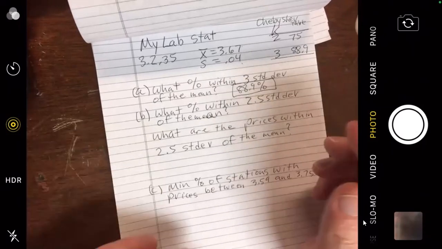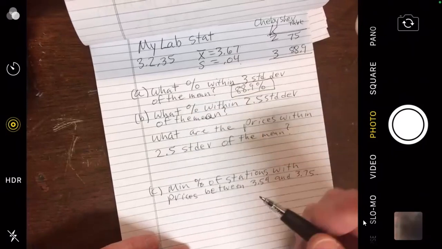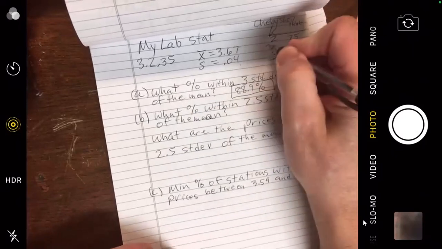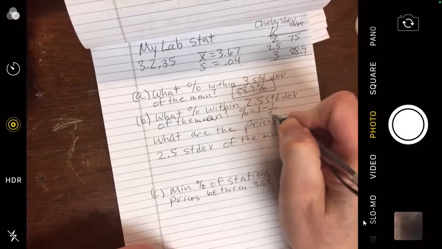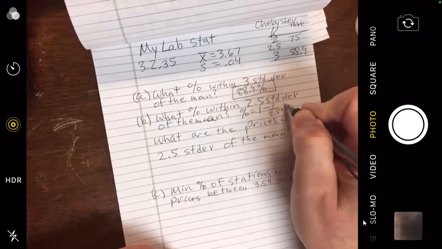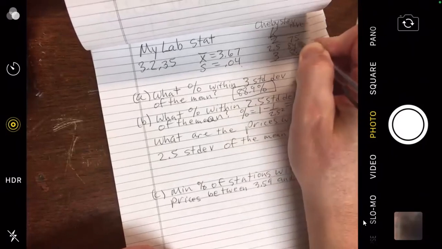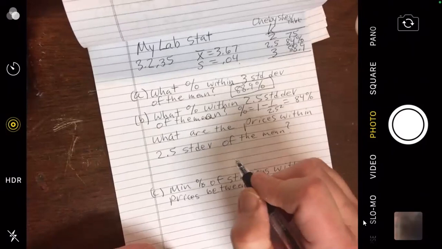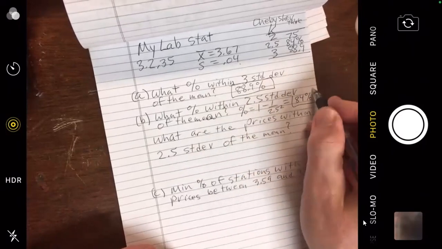Some of these are that easy. Now, what percent are within 2.5? All right, well, I did that on the previous page. I can do it again for you. 1 minus 1 over 2.5 squared. Remember that came out 84% on the previous page. You can punch it. So 84% are within 2.5.